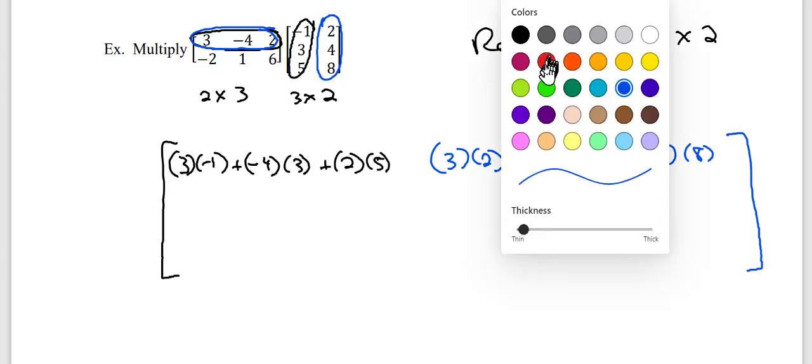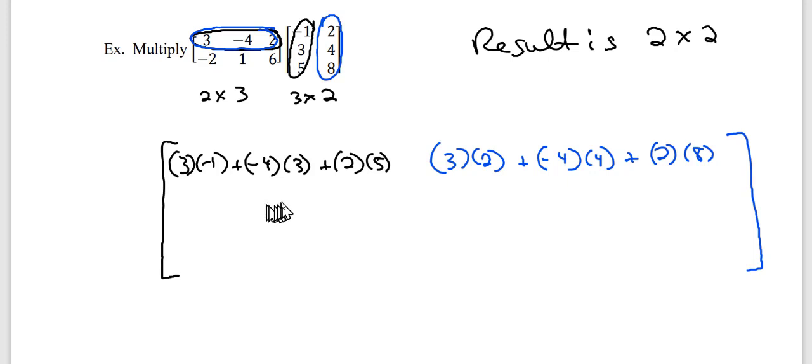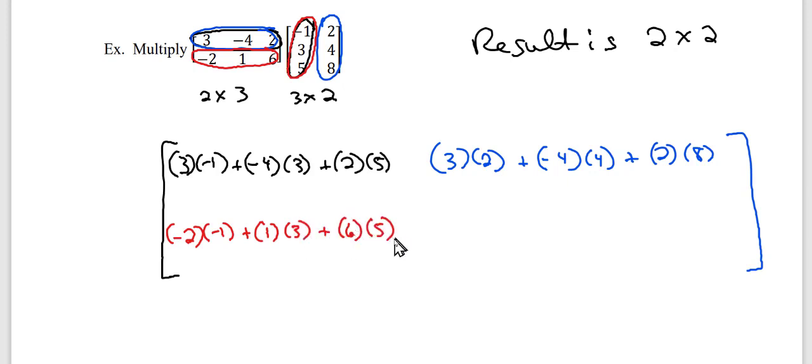Now let's move on to the bottom row, first column. Second row, first column. That tells me I'm going to use my second row here and my first column here. So I do -2 times -1 plus 1 times 3 plus 6 times 5.